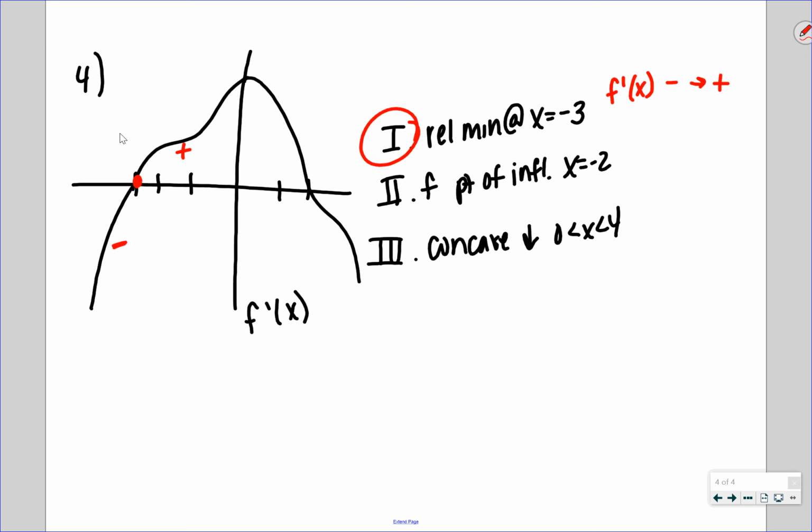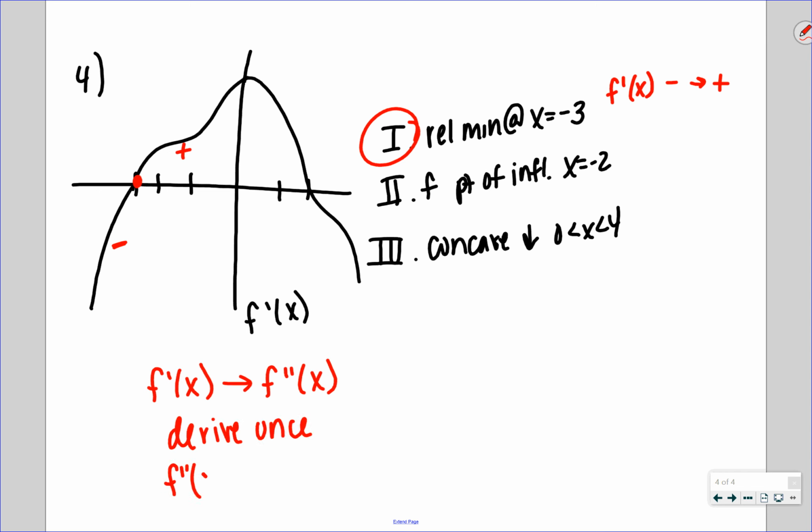If f has a point of inflection at x equals negative 2, well, looking at my first derivative, the way the first derivative is related to the second derivative is by deriving once. When my second derivative equals 0, that would be a point of inflection.